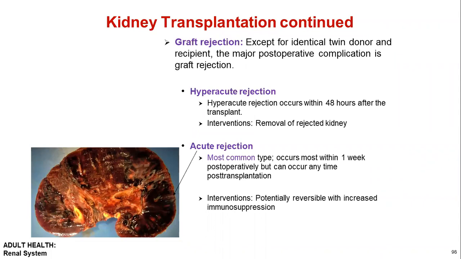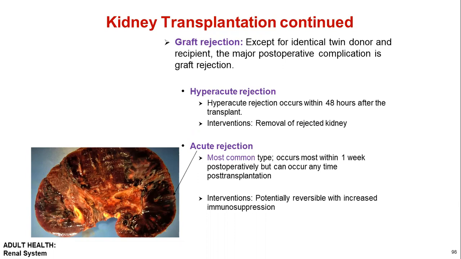It indicates organ rejection. Organ rejection is categorized into three: hyperacute, acute, or chronic. Hyperacute rejection occurs within 48 hours of surgery or after transplant. Intervention: remove the rejected kidney. Unlucky patient. Acute rejection occurs within 1 week to 2 years.